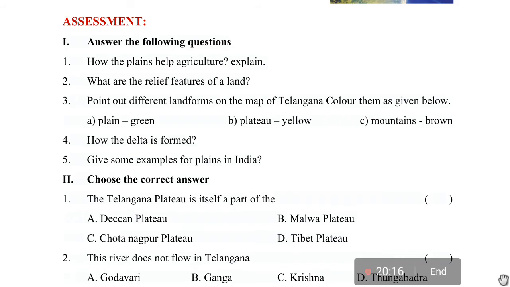Second one, coastal plains. These coastal plains are subdivided into two types: the western coastal plains and the eastern coastal plains. These are the two important plains in India.